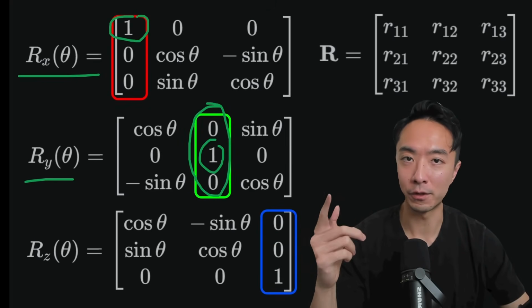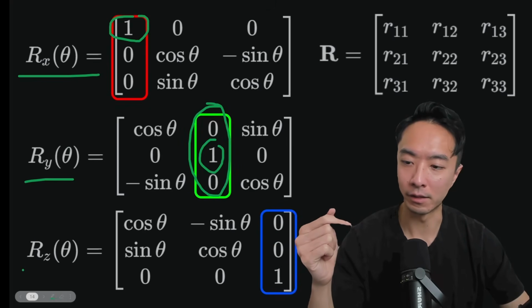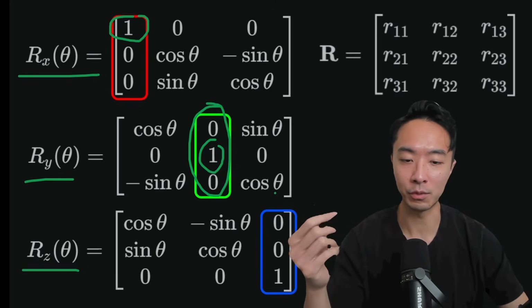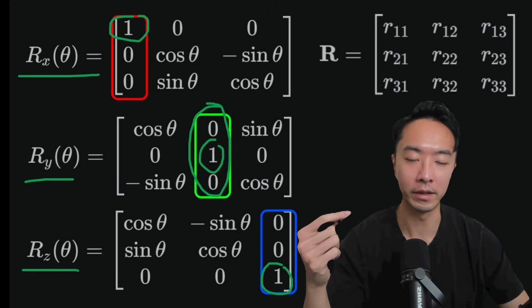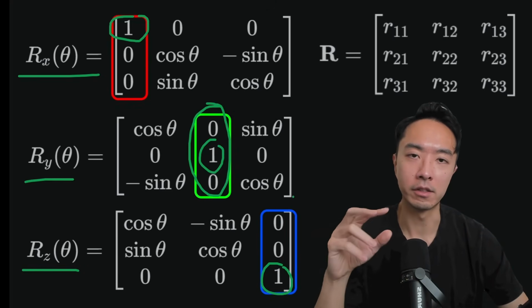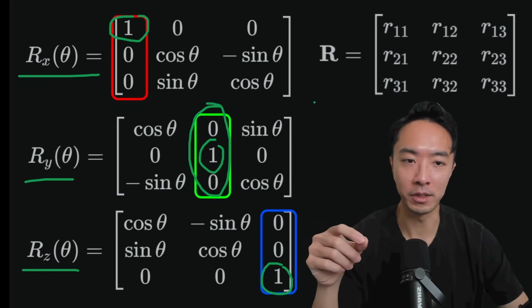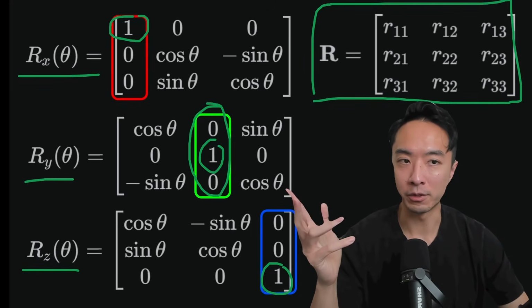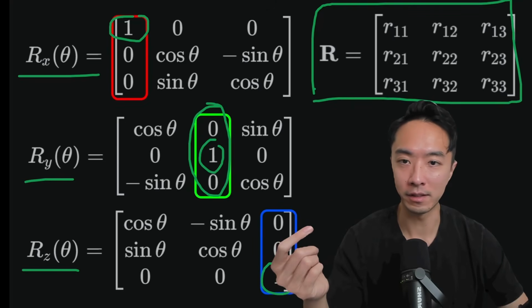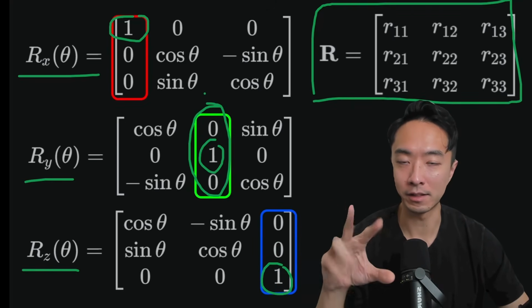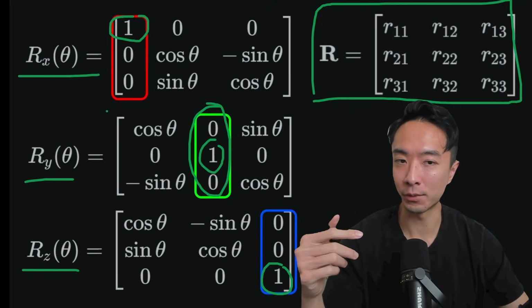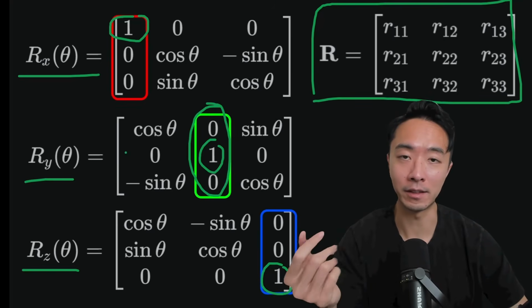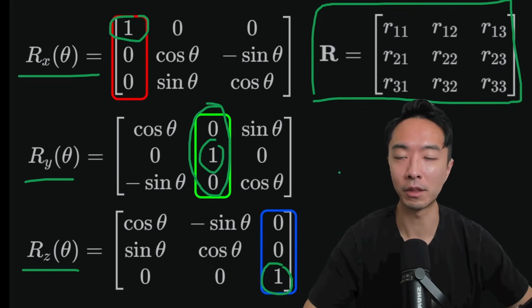Notice the 1 in the first component here, and then the rotation about the z-axis, which is the one we just saw, where we have the 1 in the third component. So the most generic form of a rotation matrix is going to be this right here, a 3x3 matrix with 3 elements in it. And based on one of these different forms that we see here, we could identify the type of rotation that we're dealing with.